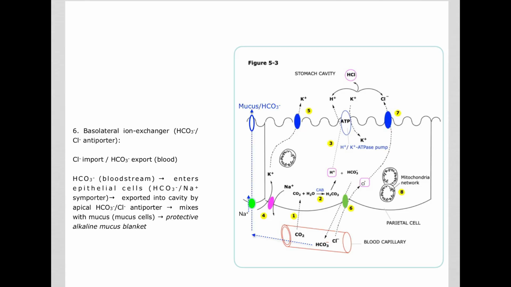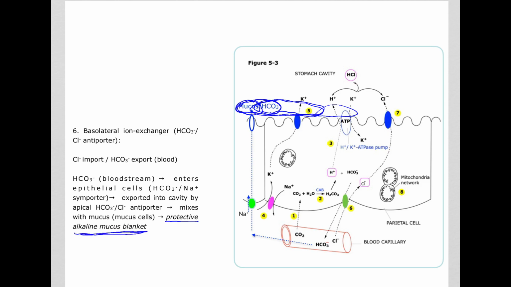On the surface of the stomach we have this mucus lining. Mucus comes from mucus cells that are present in the stomach. So right here on the surface we have mucus, and now this bicarbonate mixes with the mucus and basically makes this mucus lining on the surface of the stomach.